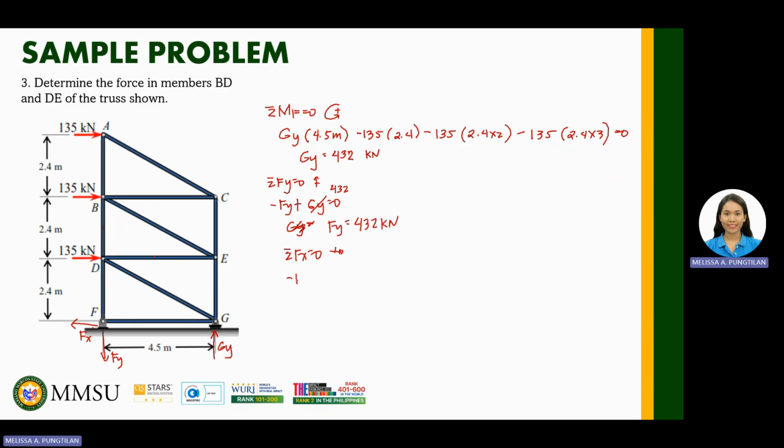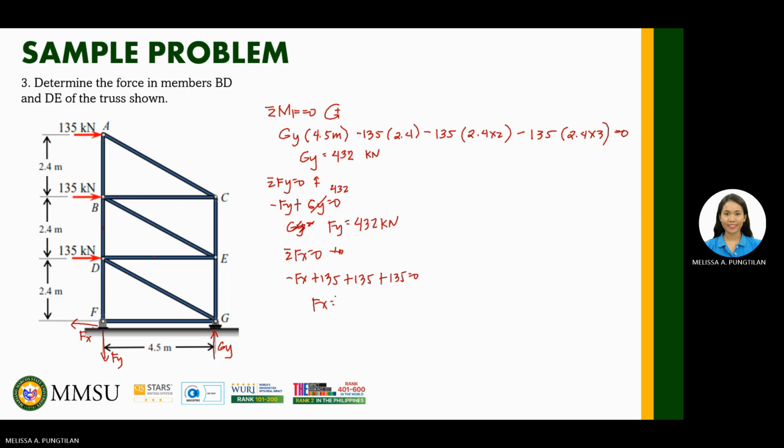So, negative Fx plus 135 plus 135 plus 135 is equal to 0. Therefore, Fx is equal to 135 times 3.